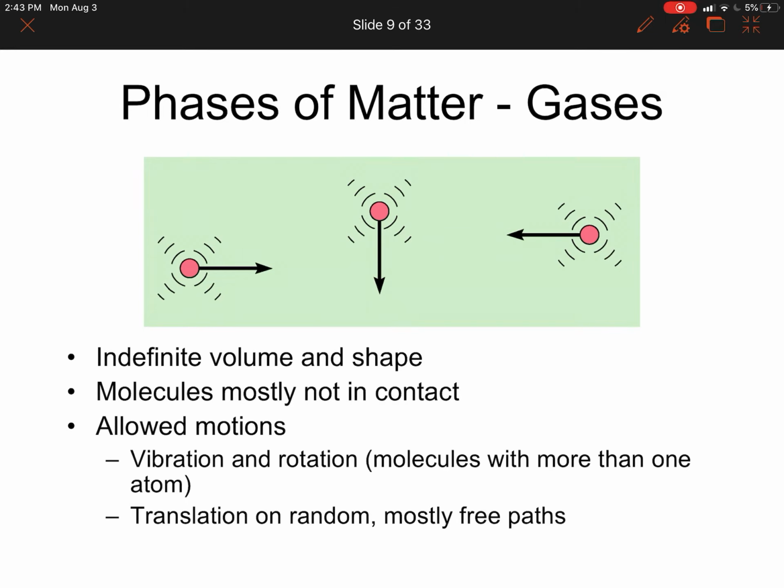Okay, so we've got our third phase of matter, which is gas. And gases have indefinite volume and indefinite shape. Now, most of the time I think of gases in gas tanks, but there are gases all around us, right? We're breathing in oxygen, we're letting off carbon dioxide.